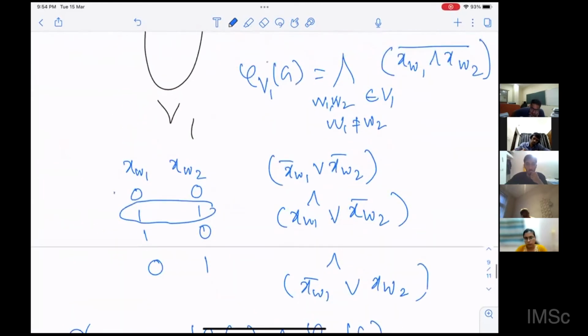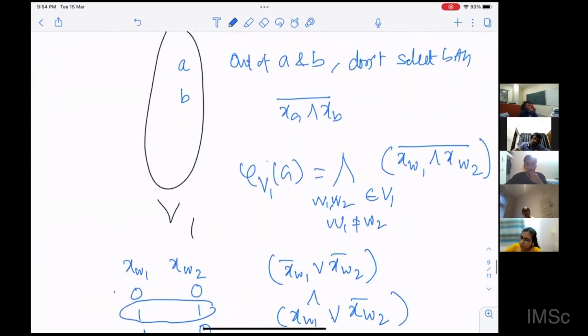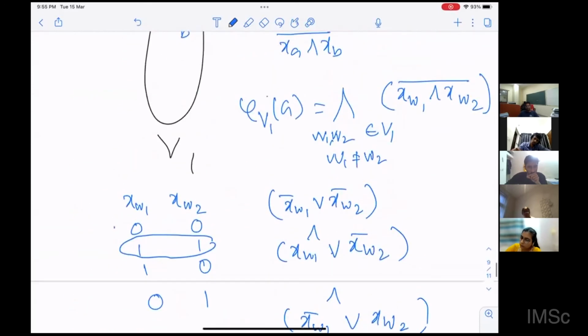Because what is this encoding anyway? It just encodes that from v1, you can pick at most 1 vertex. This is what this set of clauses picks up. What did I name it?